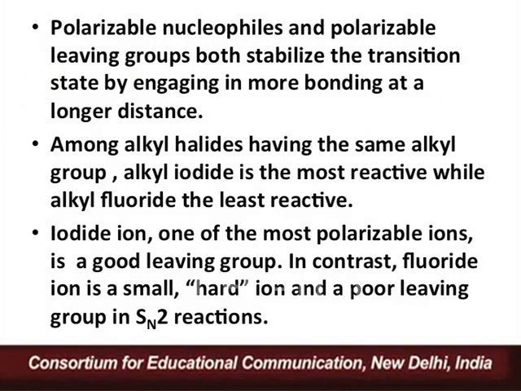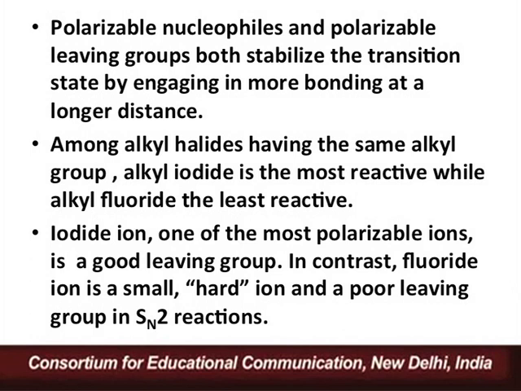Polarizable leaving groups stabilize the transition state by engaging in more bonding at a longer distance. That is, here the bond length is more, hence the cleavage of this bond will be easy. Among alkyl halides having the same alkyl group, alkyl iodide is the most reactive, while alkyl fluoride is the least reactive substrate.